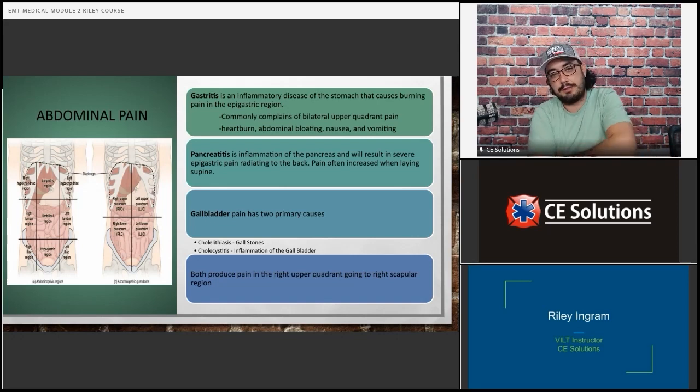And a lot of times, if you get stones, they will get into, there's a bunch of different ducts that go into and from the gallbladder that attach to the pancreas and things like that. You've got a pancreatic duct that goes in between your gallbladder and your pancreas. Okay.